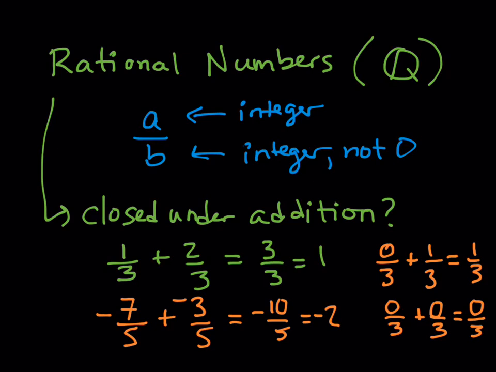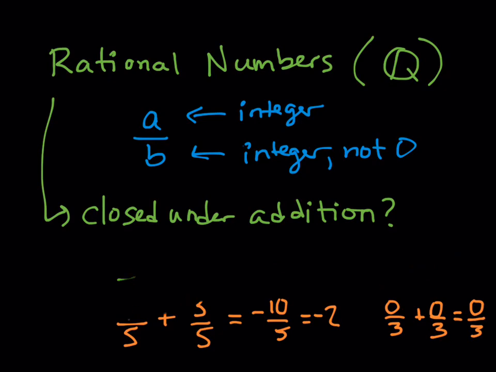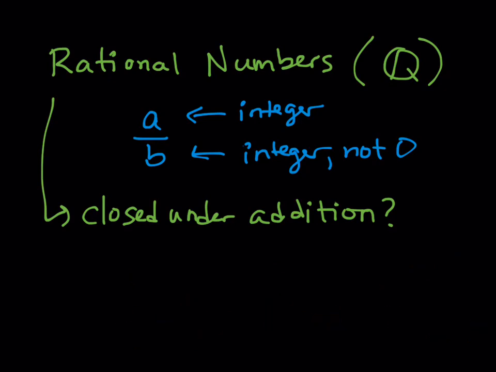Now if I wanted to think about an explanation for that, what I would want to do is think about adding just two rational numbers in general, so I don't want to think about specific numbers, but maybe I'll use that expression that I have already written here, a over b, and I want to see what happens when I add another rational number, c over d.